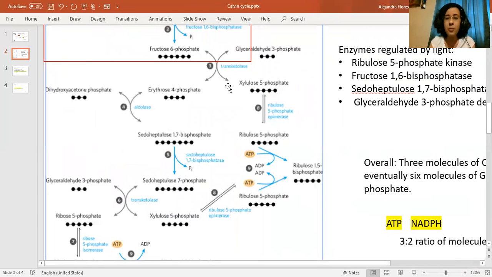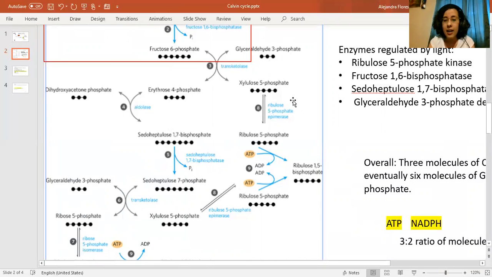So in this one, it's barely visible, but it's transketolase, which uses the cofactor TPP. And when it acts, it transfers two carbon molecules to another molecule. And this one, fructose phosphate, gives two carbons to glyceraldehyde 3-phosphate, forming xylulose 5-phosphate.